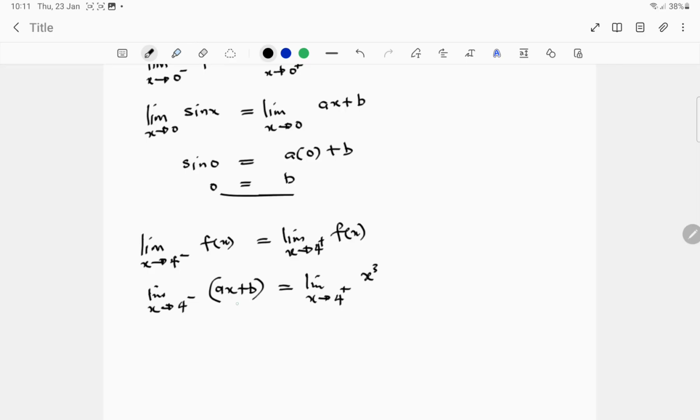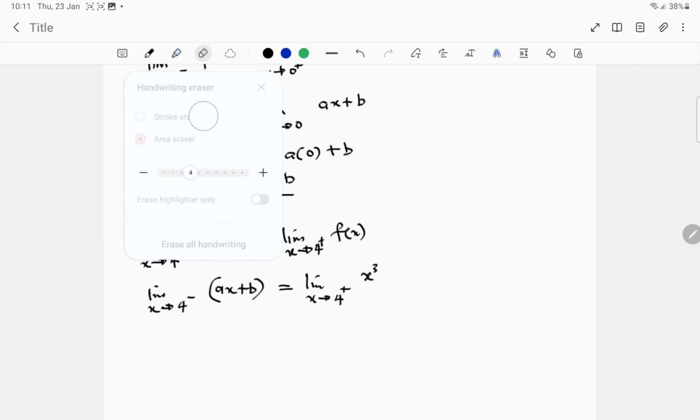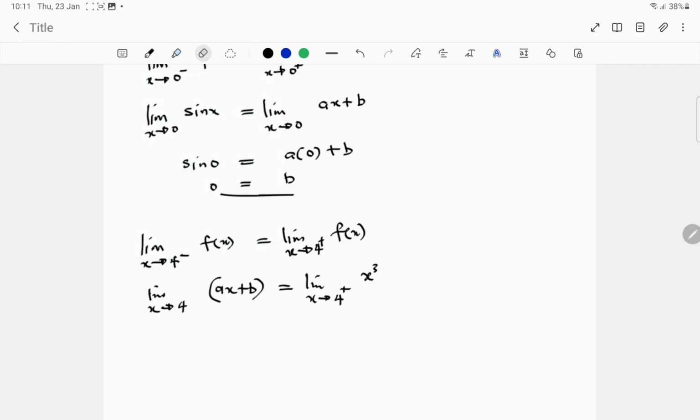What it means is we just substitute there. There's no need for us to put from the negative and from the positive, since we have already considered the function. So you just have to substitute.